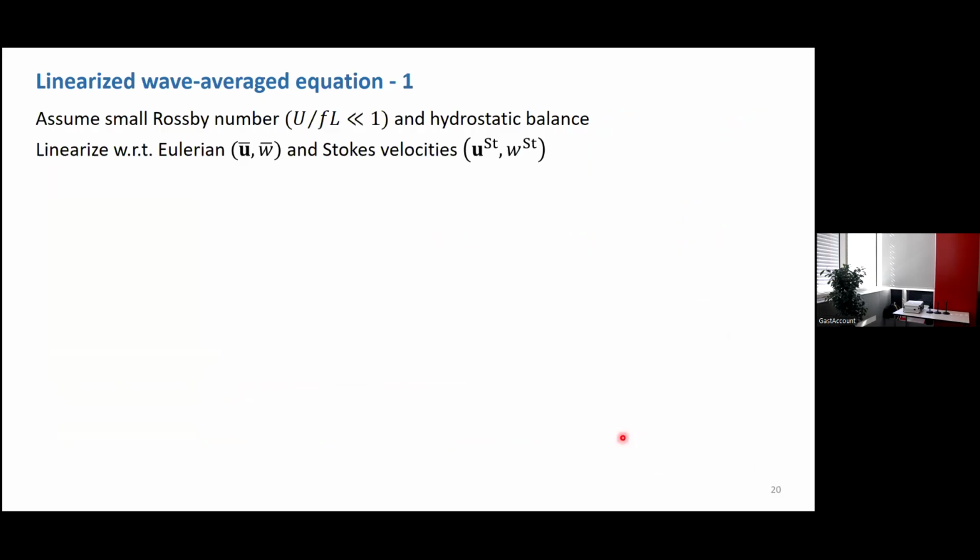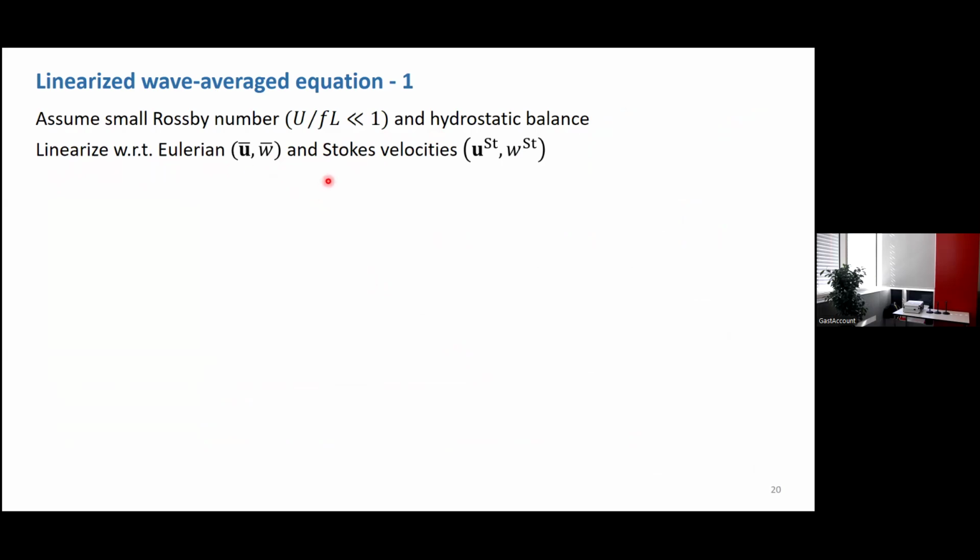So in order to understand that, we analyze the linearized wave-averaged equation. Because we are looking at large-scale phenomena, let us assume that the Rossby number is small and also hydrostatic balance. And let's linearize the equation with respect to the Eulerian and Stokes drift velocities.